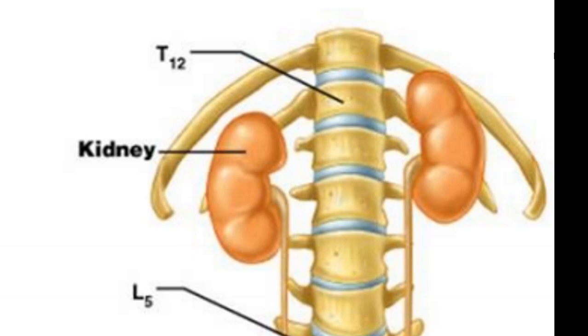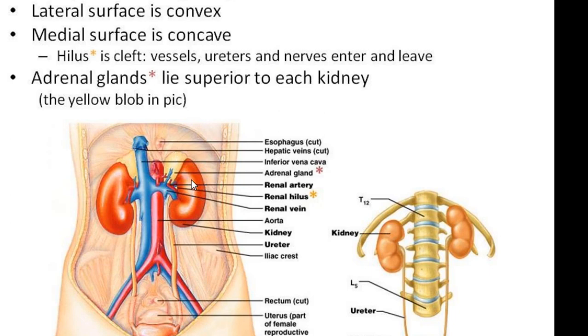There is a hilus, which is a cleft. The vessels, ureters and nerves enter and leave the kidney by the hilus region. The adrenal gland usually lies superior to each kidney. This is the adrenal gland, this is the left kidney, and this is the right kidney.